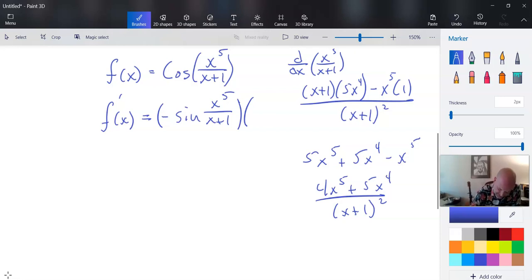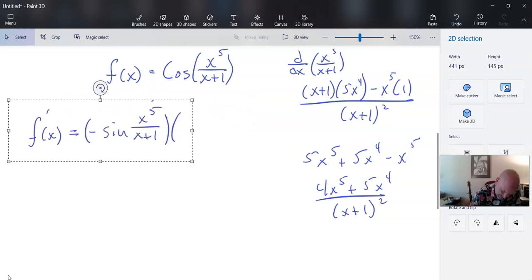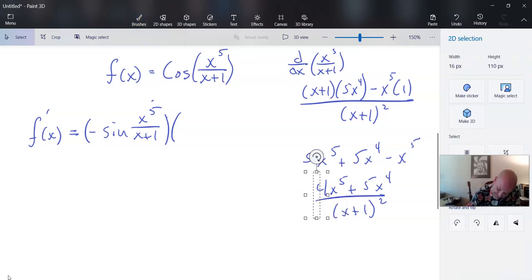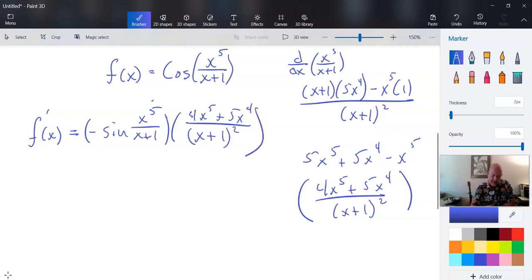So I'm going to rewrite this piece. Actually, can I do this? Let's see if I can grab this. Hey, I can. I'm going to scoot it over. I just need to write this piece in there. So this is now times 4x to the fifth plus 5x to the fourth over x plus 1 squared, right? And that's being multiplied.